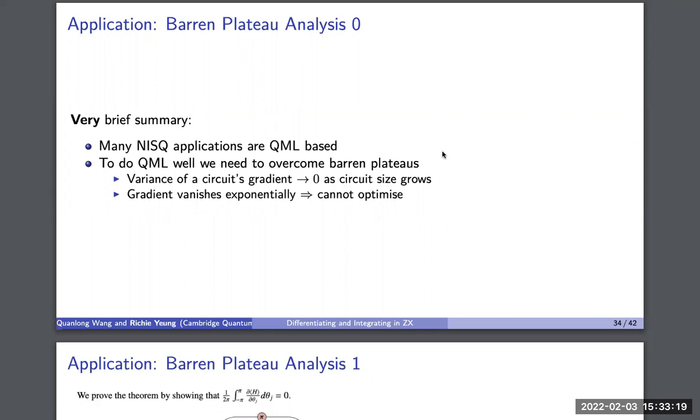In fact, it vanishes exponentially with respect to the circuit size. So in general, that means we can't really do quantum machine learning on these types of circuits. So it's very important to have techniques for detecting Barren plateaus in quantum circuits.